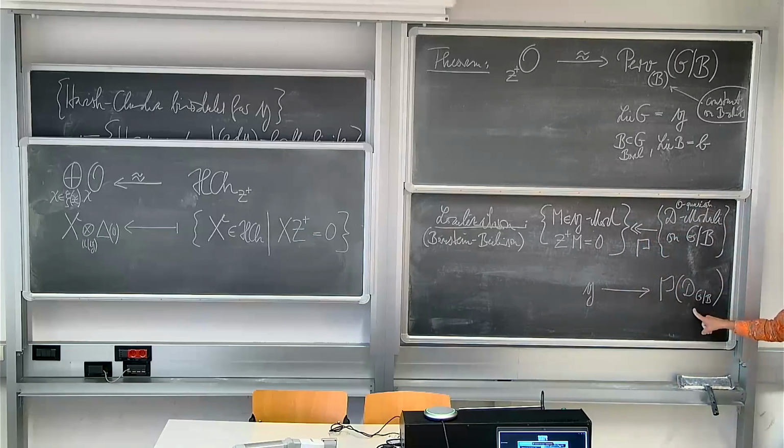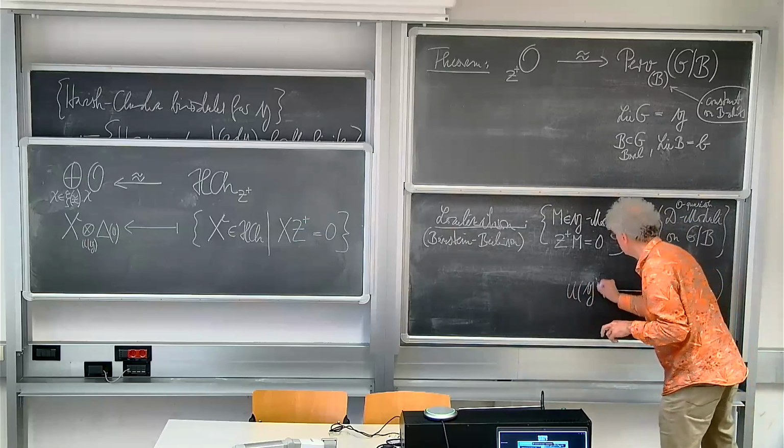This turns out to be a Lie algebra homomorphism. I hope I didn't screw it up and it's not the opposite, but I think it's true. And so it passes to the enveloping algebra.